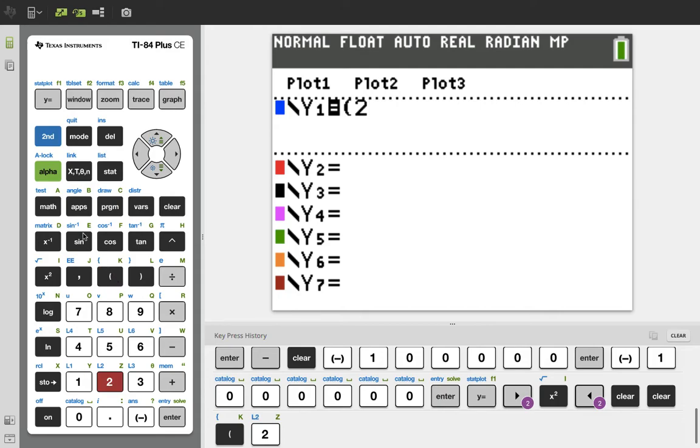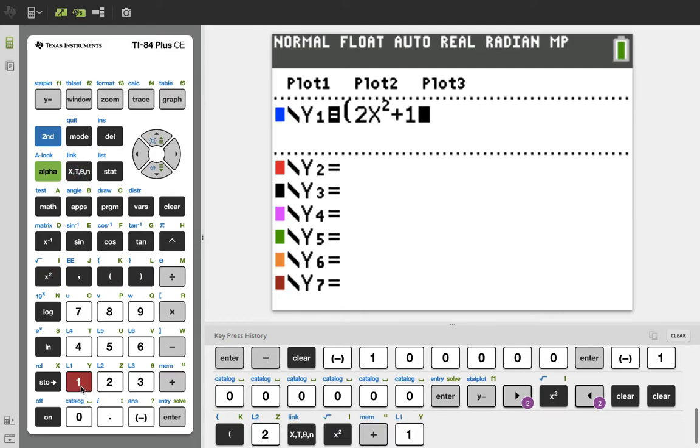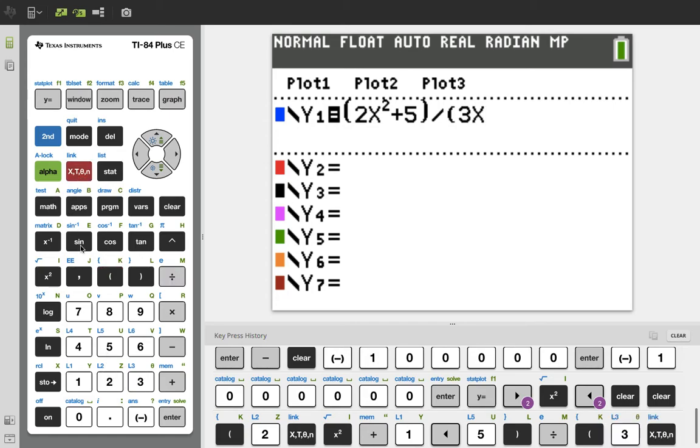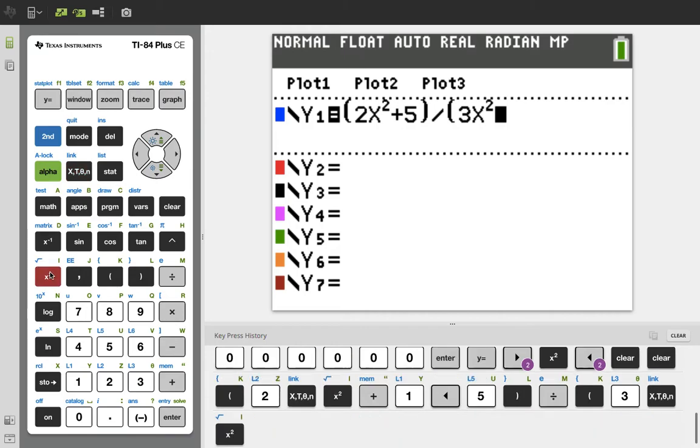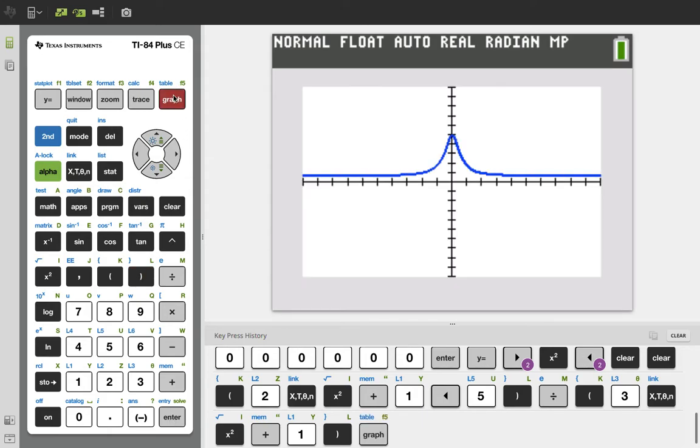So we have 2x squared plus 5, sorry, divided by 3x squared plus 1. Okay. So now if I go to my graph, okay, this looks a little different.